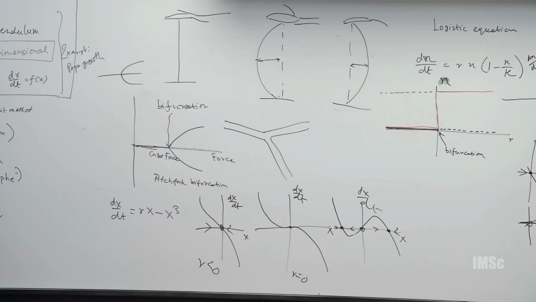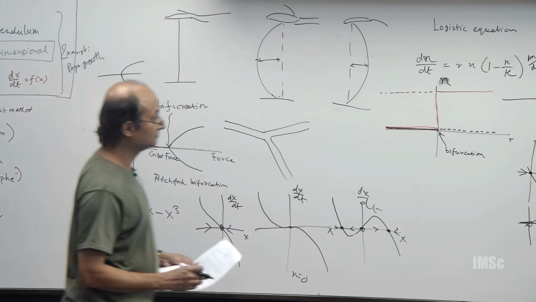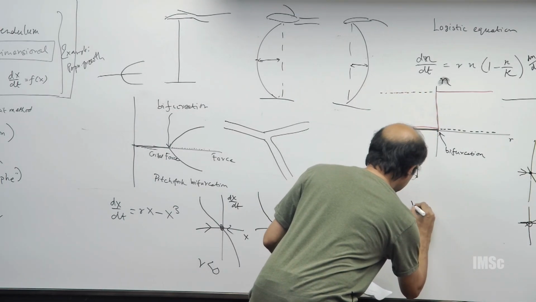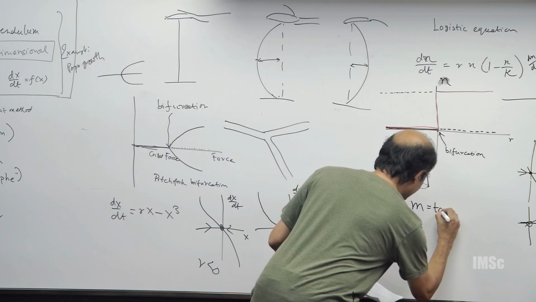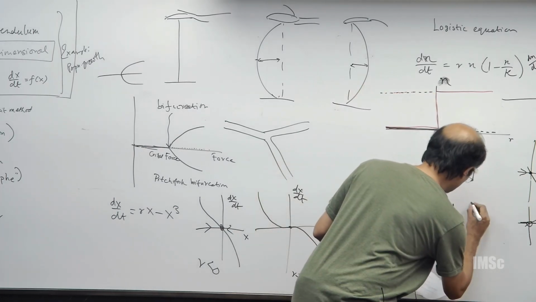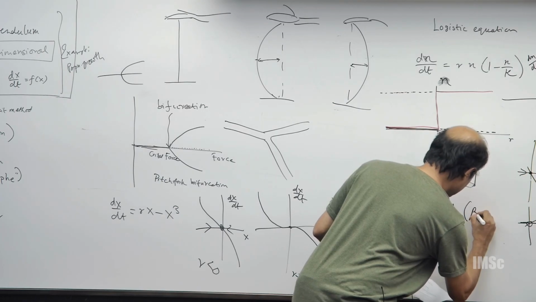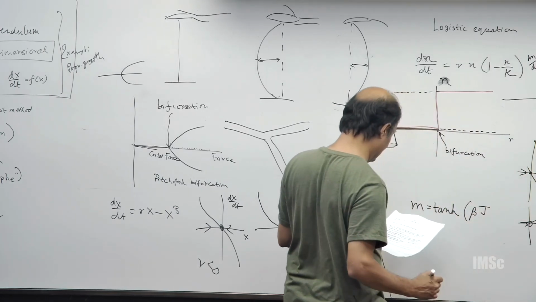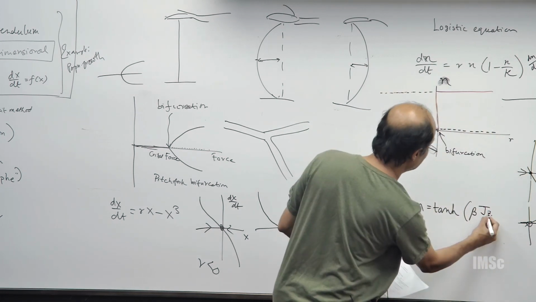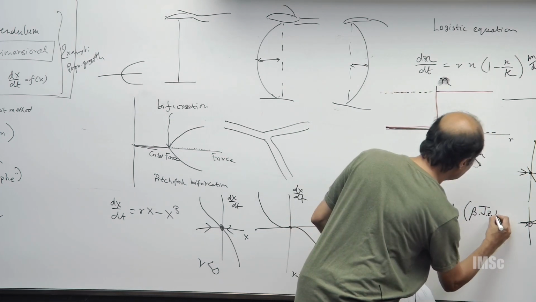So you can actually show this, in fact, that the Curie-Weiss law, which is essentially tanh, is the solution of this implicit equation: m equal to tanh of beta times the coupling coefficient times the coordination number, that is, how many neighbors each spin is talking to, times m.